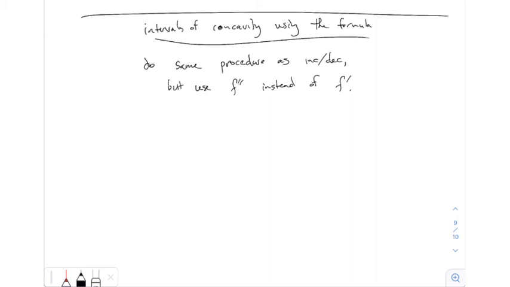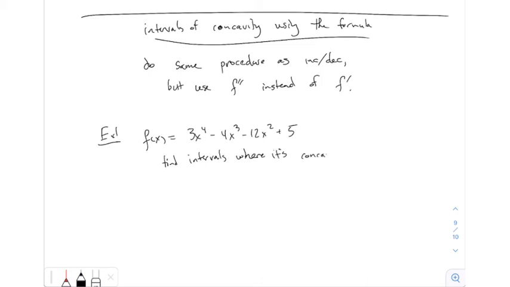I thought we'd just revisit the first example we talked about today. It seems so long ago, doesn't it? 3x to the 4 minus 4x to the 3 minus 12x squared plus 5. And your job is to find intervals where it's concave up versus down. Like I said, we're going to do the same procedure, but use the second derivative instead of the first derivative.